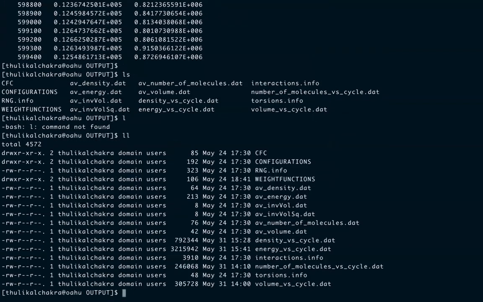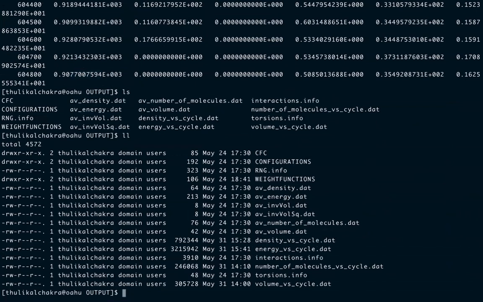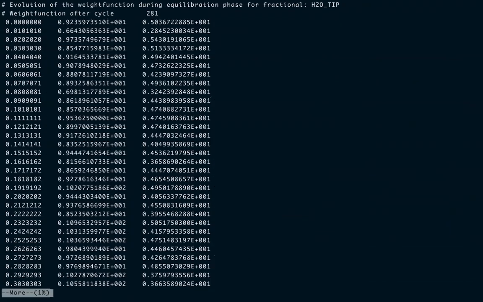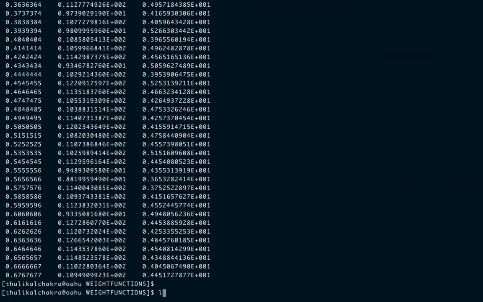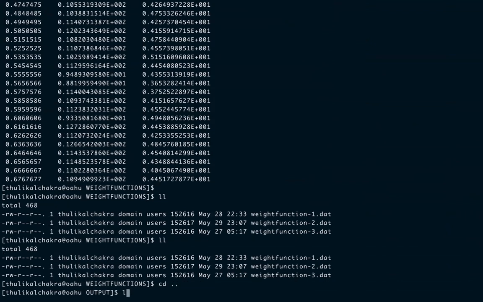You can also look at the density versus the cycle, where the density of each of the component inside each box is printed as a function of the cycle. Now, the most important thing is then the weight functions, because that is what you use finally to calculate the chemical potentials. So you have a weight function for each of the species. So you see that you have a weight function that is produced after each cycle. So now if you want to calculate the chemical potentials, you can then use the weight functions in this particular file.